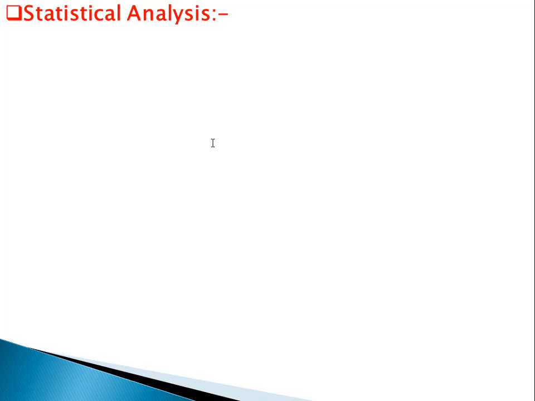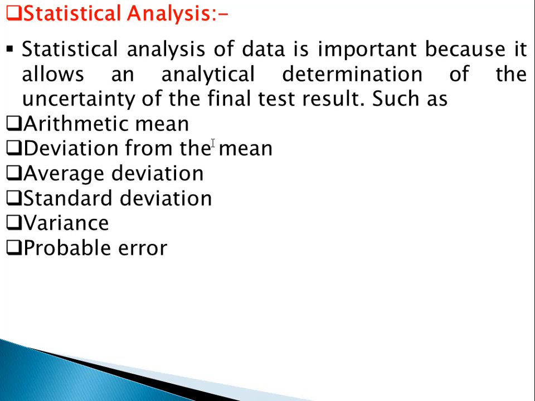The mathematical analysis of data in the measurement system is called statistical analysis. Here, the statistical analysis of data is important because it allows an analytical determination of the uncertainty of the final test result.